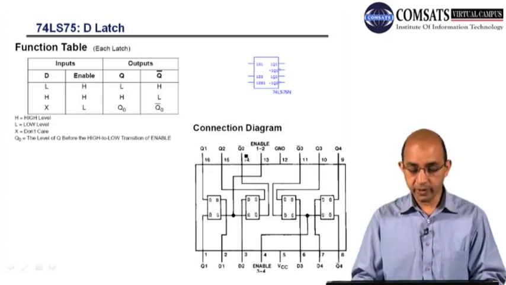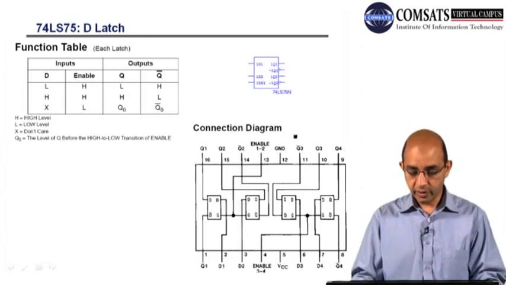And these are the complements. So we have Q1 bar, and here we have the Q2 bar, and here we have the Q3 bar and Q4 bar. And this is the enable, and here we have another enable. So this is the enable for latch 1 and 2, and this is the enable for latch 3 and 4.